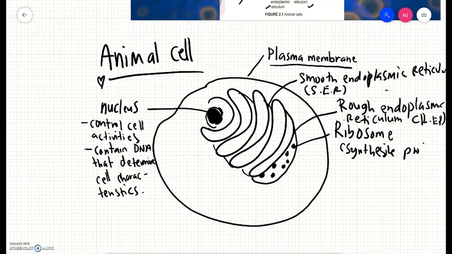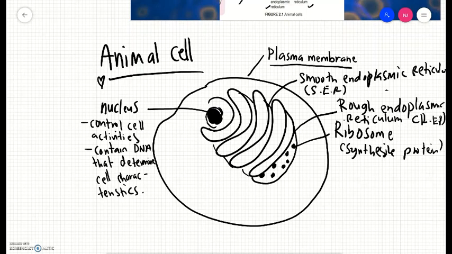So maksudnya selepas ribosome ni synthesize protein, hasilkan protein, rough endoplasmic reticulum akan hantar ke mana nanti kita tengok. Okay, so untuk smooth endoplasmic reticulum pula, dia akan synthesize dan transport glycerol and lipids.